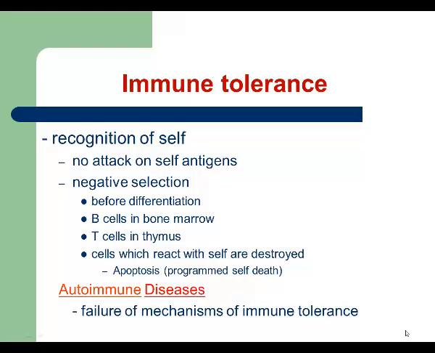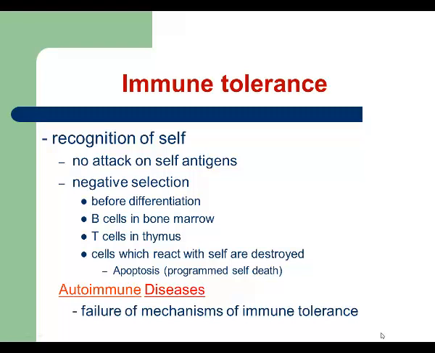What does it mean? Our own cells have surface antigens on the surface of the cells, and those surface antigens must be recognized by our immune system as self-antigens. It means immune system is not supposed to make antibodies against those self-antigens.